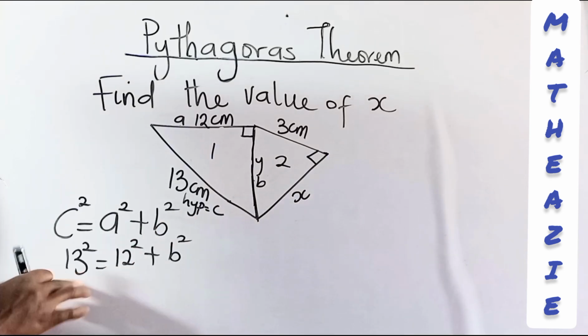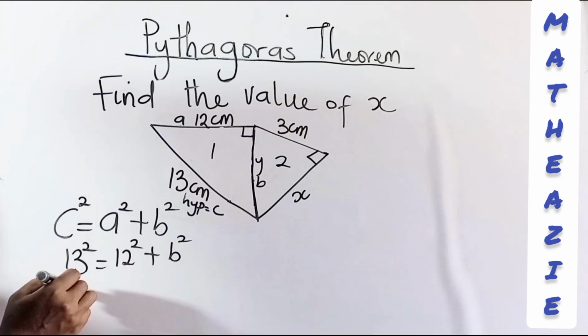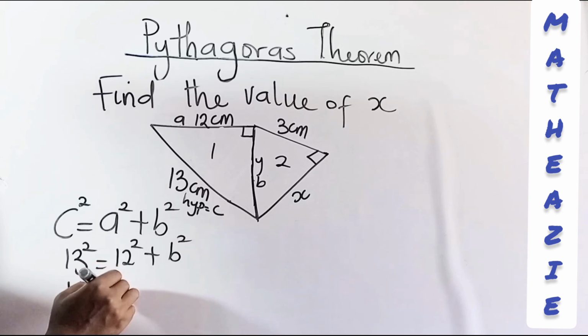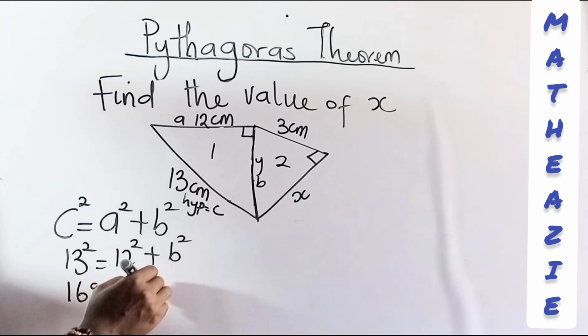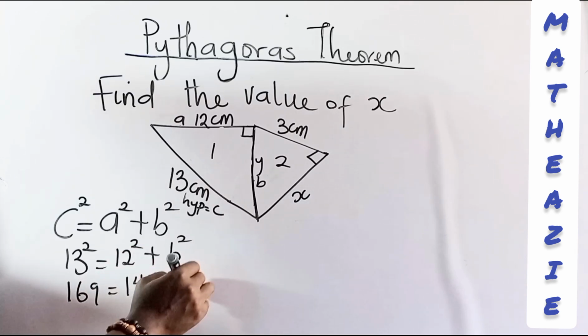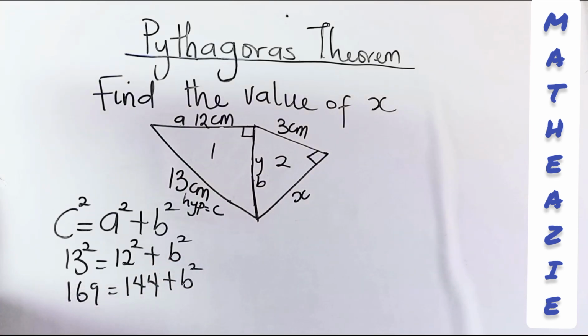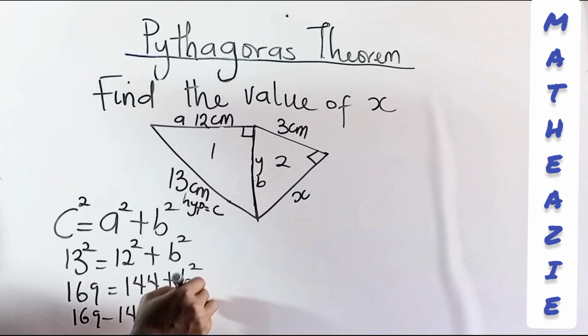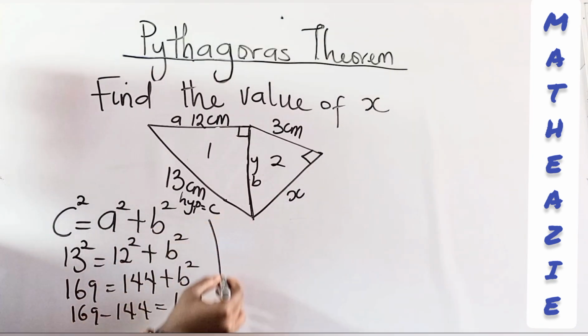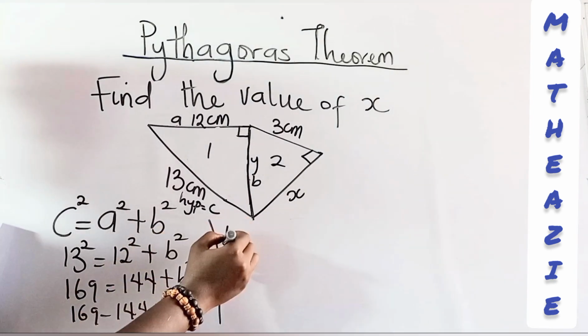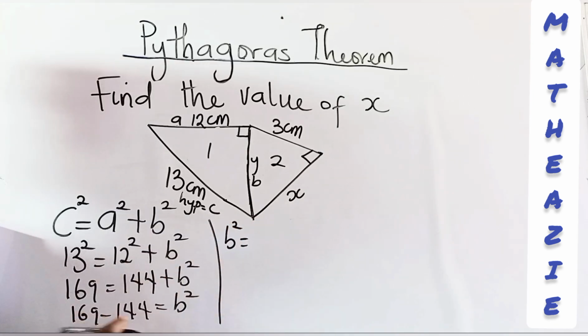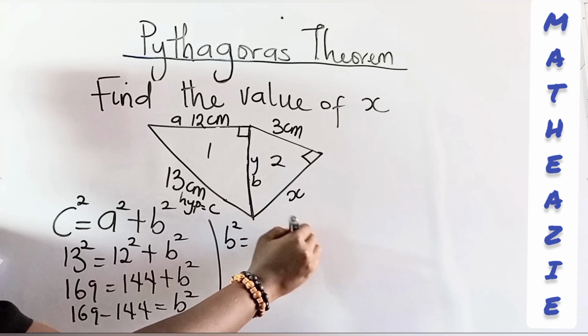Now let's find the value of 13 squared. 13 squared, if you press your calculator, is 169 equals 12 squared is 144 plus B squared. The next thing we are going to do now is to group the like terms together. So 144 will now become 169 minus 144 equals B squared. Now we have B squared equals 169 minus 144, which will give us 25.